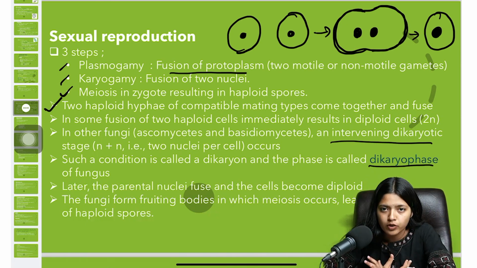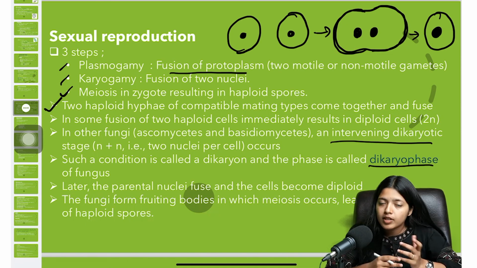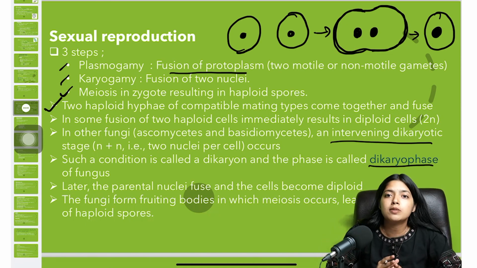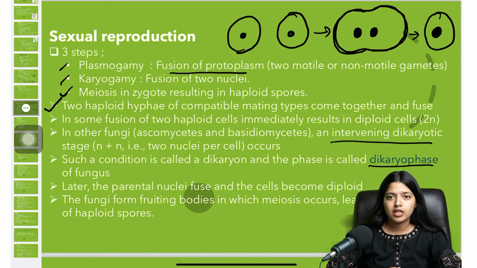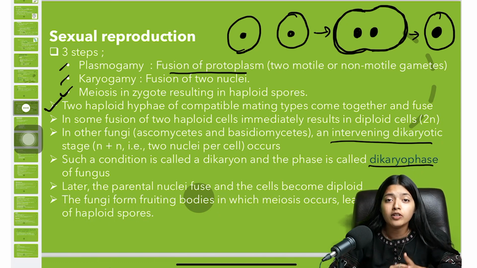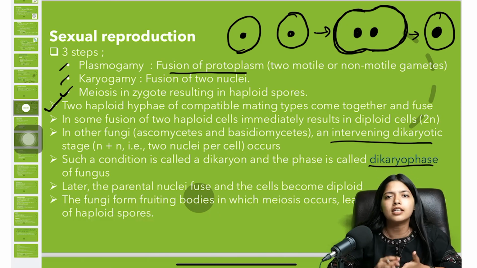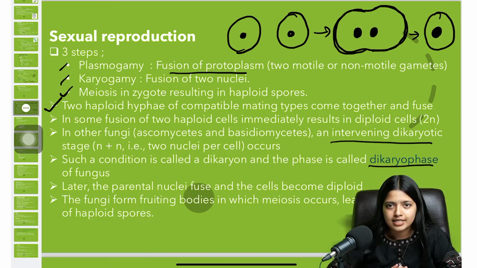After the zygote is formed, meiosis occurs, and then the cells form fruiting bodies, structures in which spores are formed. So after meiosis we get new fungi which develop fruiting bodies that produce spores, and the cycle continues.